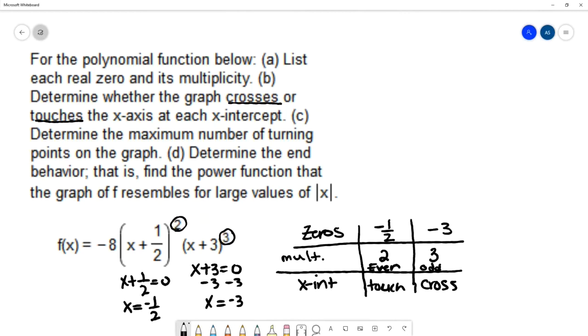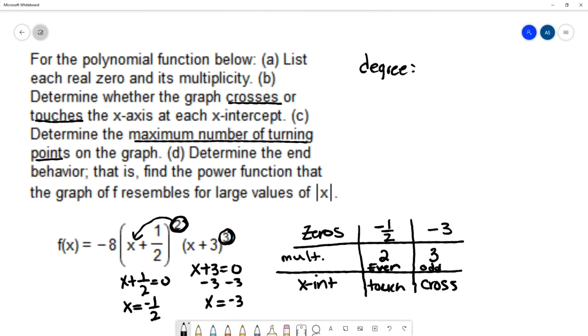Then in this next part, we want to determine the maximum number of turning points. In order to determine the maximum number of turning points, we have to know the degree of this polynomial. So the degree of the polynomial we're going to get by how many factors of the variable we have here.